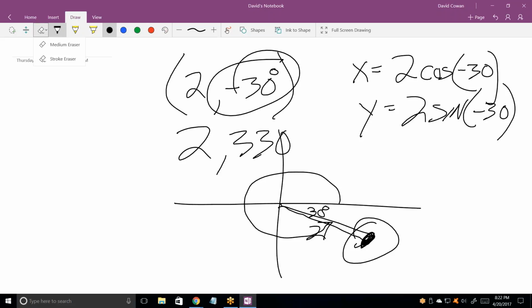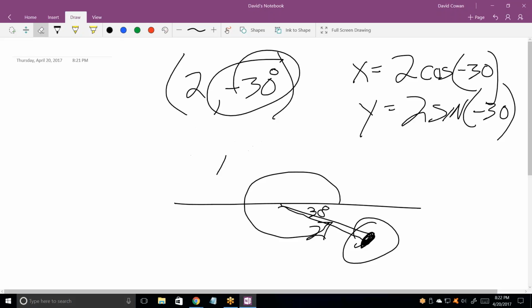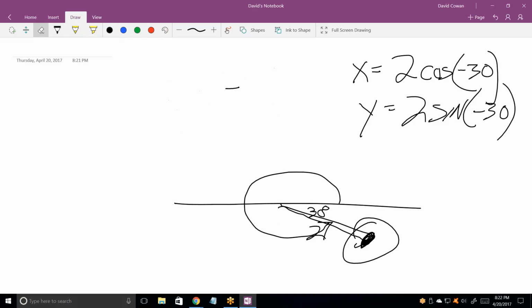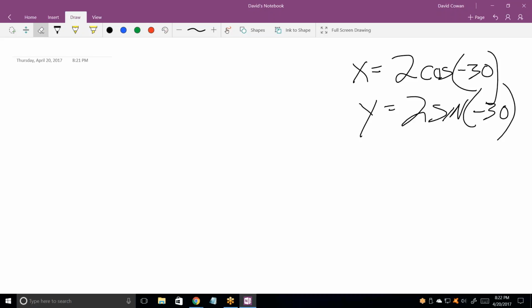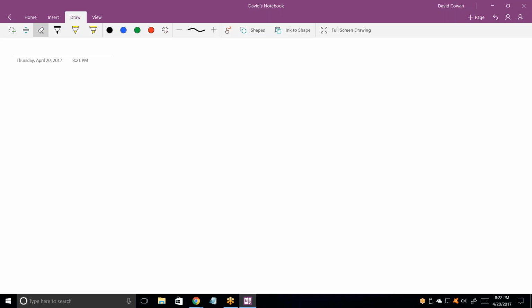That's important to understand. In other words, every one of these points, if you give it to me in polar, I can plot it in xy, and that's the same point as it is in polar. It's the same coordinate system. It's just polar instead of xy.